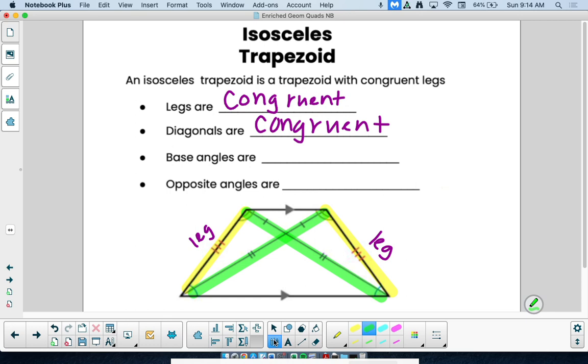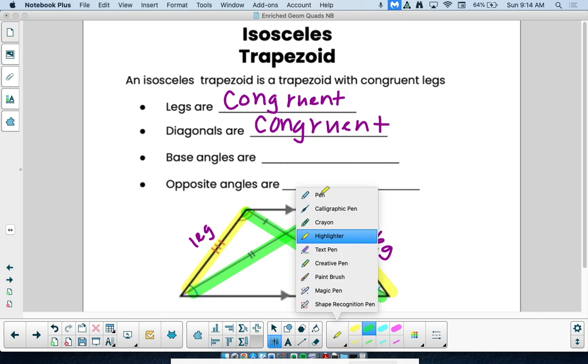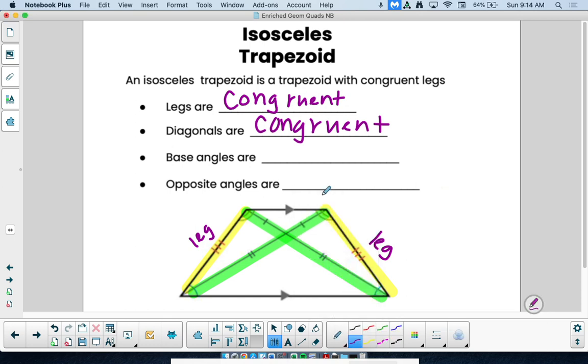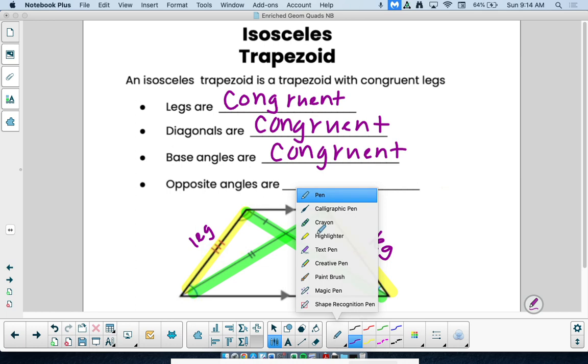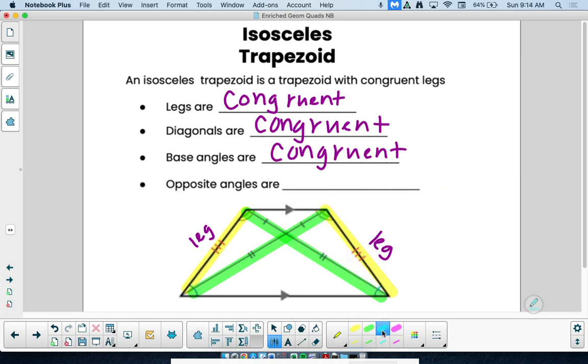Now our base angles are congruent because they are opening the same distance. And maybe you want to grab a different color. These are good things to remember because it's a lot to keep track of. So this angle here is congruent to this base angle, and this base angle down here is congruent to this base angle. Your base angles are on your bases.